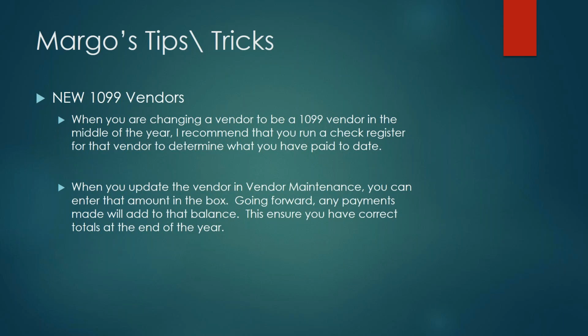So then when you change them to be 1099 and you're entering their tax information, you can populate the box number with the total that you've paid them year to date, because any future payments made will go on top of that balance, and you probably won't have any out of balance issues come the end of the year. So maybe as a rule of thumb, if it's a new 1099 vendor, go print the check register for them and just do it all at the same time.